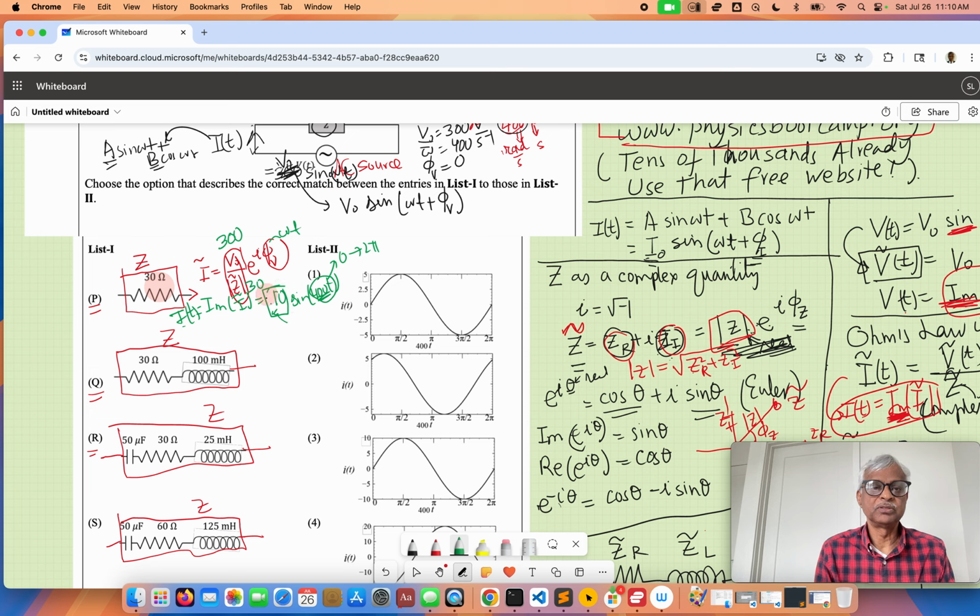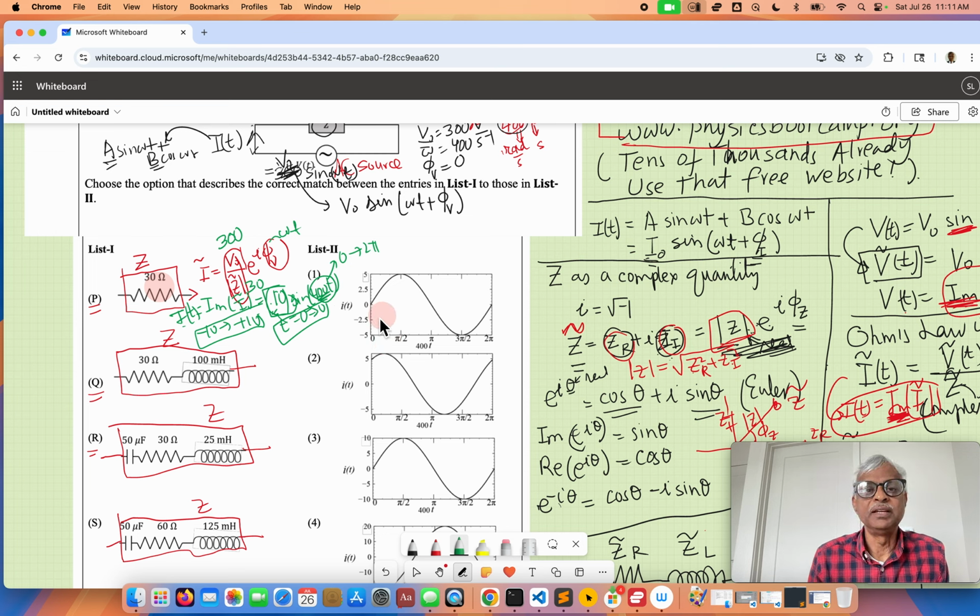Plotting this, it's going to go from minus 10 to plus 10. And at t equal to 0, it will be 0. Okay, and it's going to be just a regular sine.